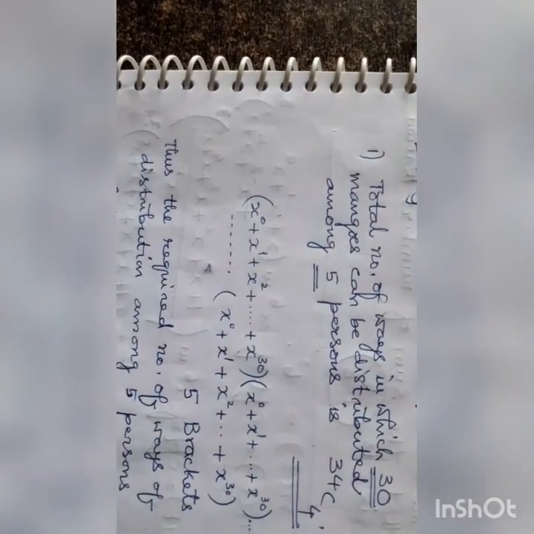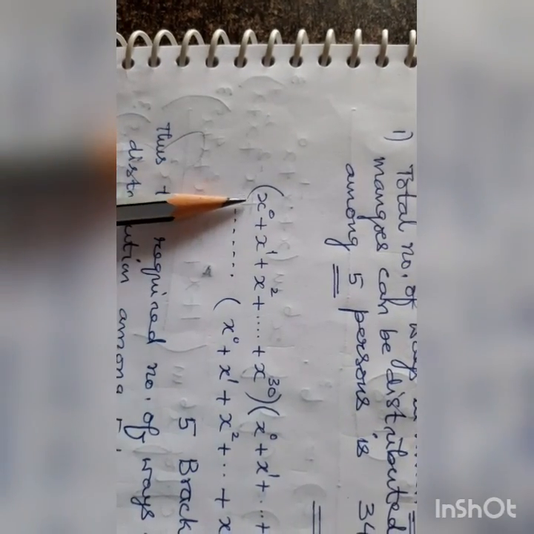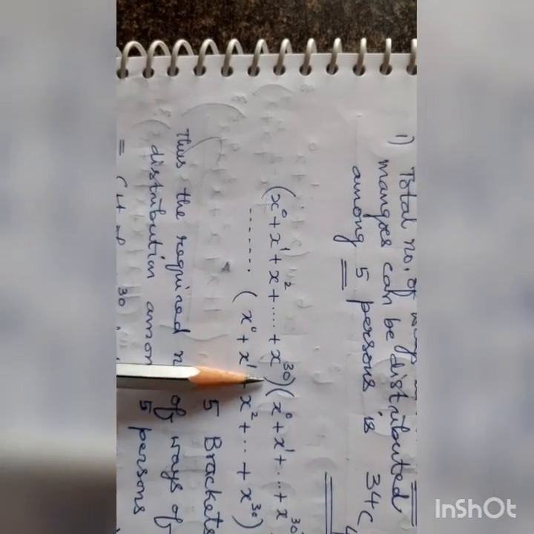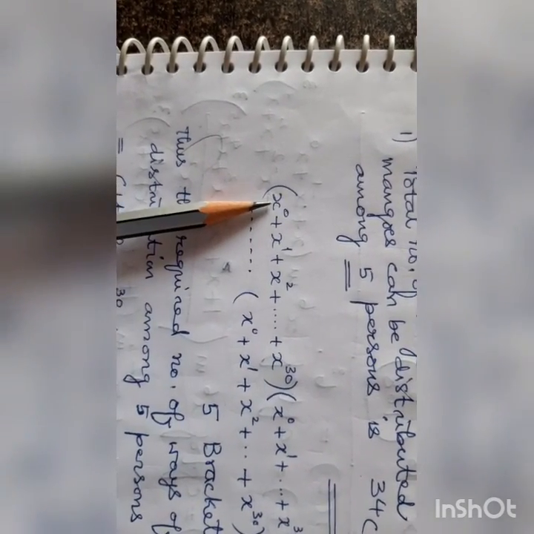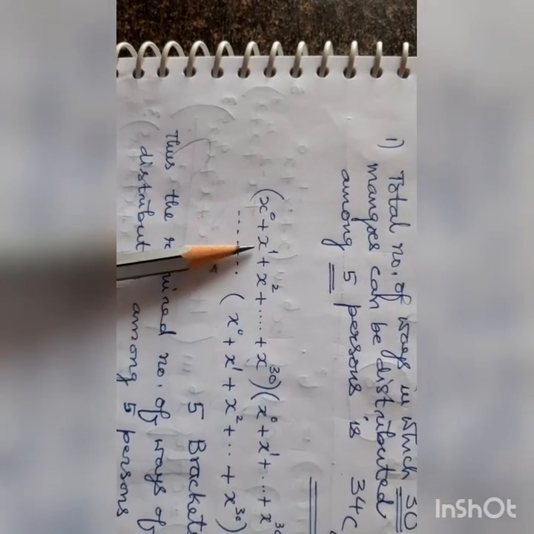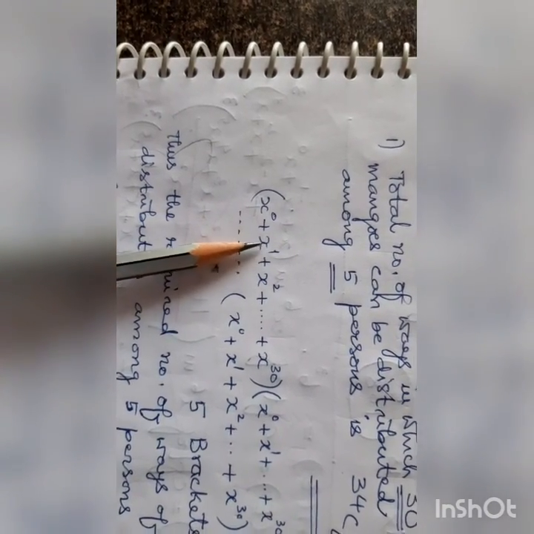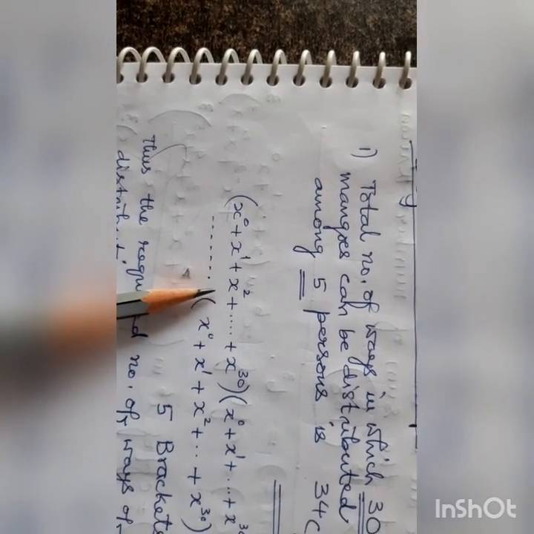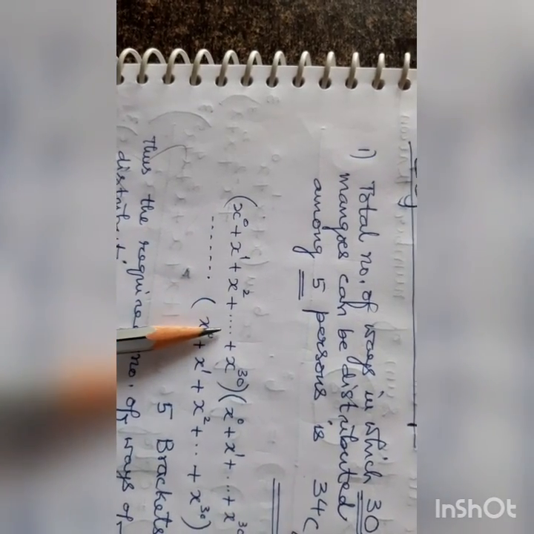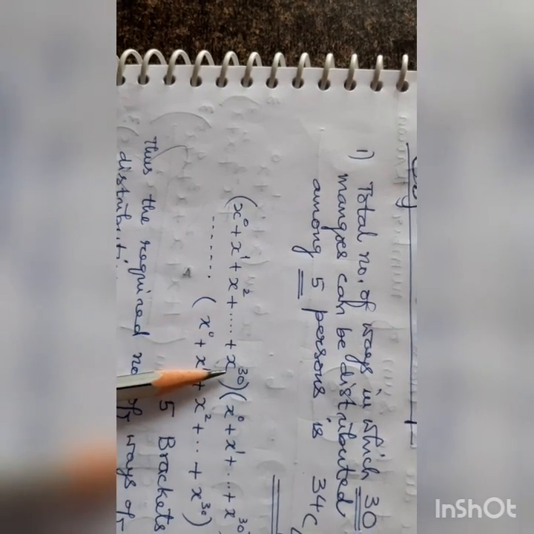I am focusing very clearly on this first person only. To the first person, I may not give any mango, 0. I may give 1 mango, I may give 2 mangoes, 3 mangoes, 5 mangoes, I may give 30 mangoes.